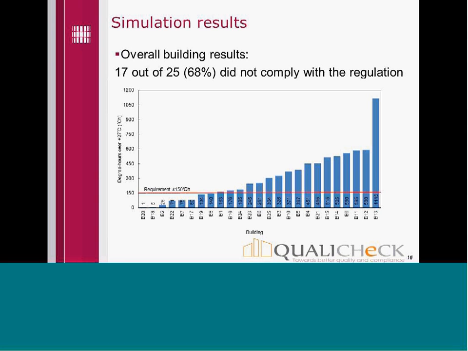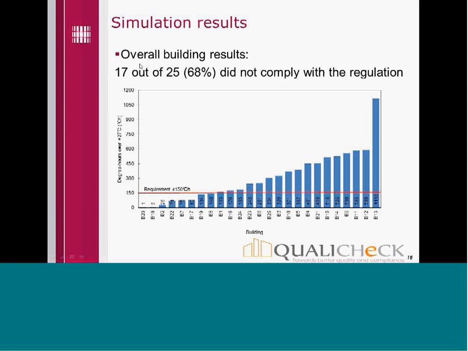And when we assess compliance, we need to rely on simulated results. These show that a number of buildings were below the requirement of 150 degree hours, but actually 17 out of 25, so 68%, did not comply, having higher values than this red threshold line of 150 degree hours.